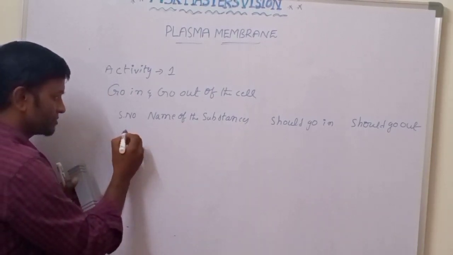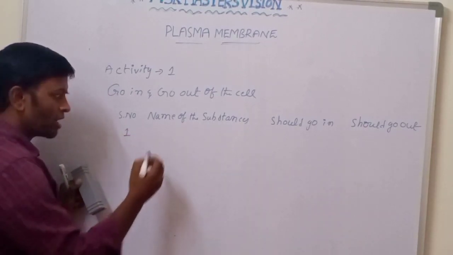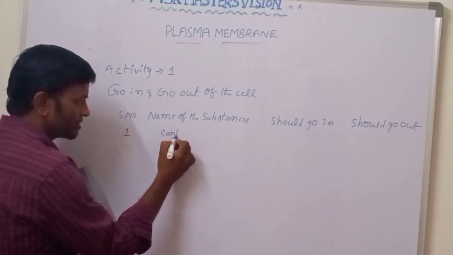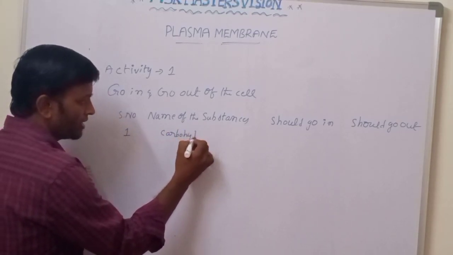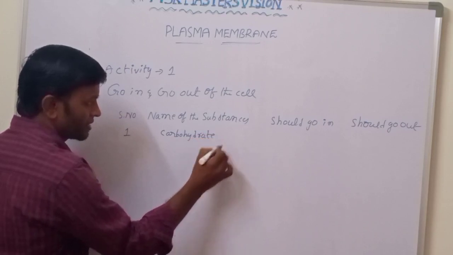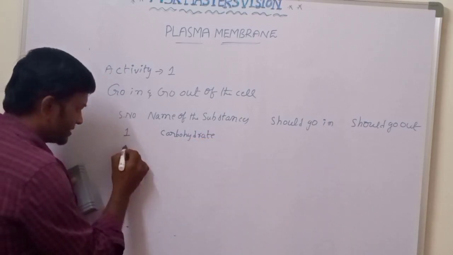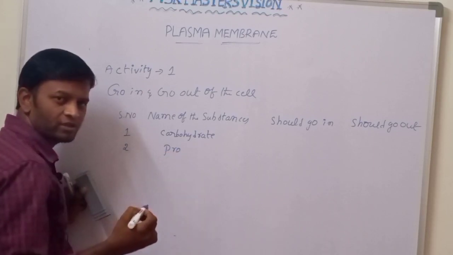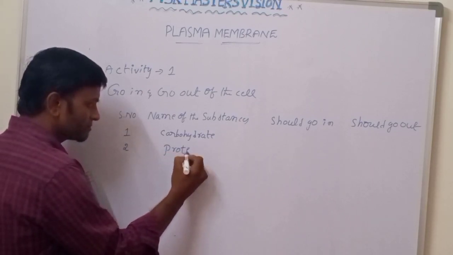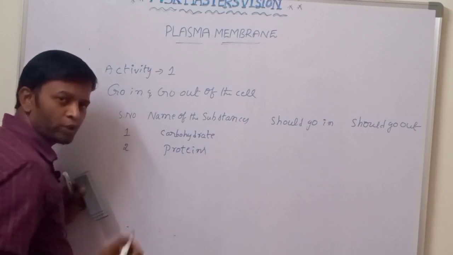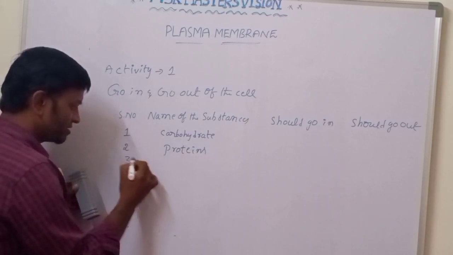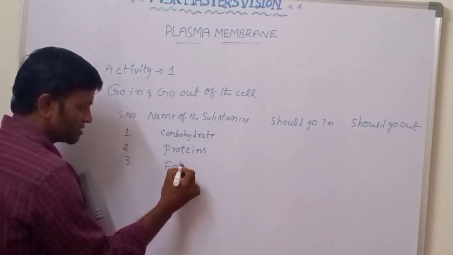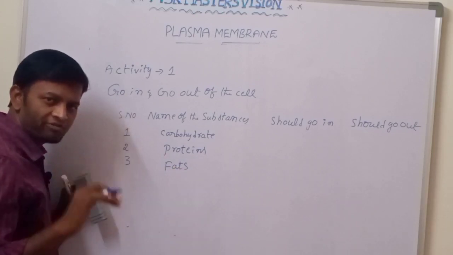First substance is carbohydrate. Second substance we'll take is proteins. Proteins, after that we'll take fats. After fats, we'll take vitamins also.